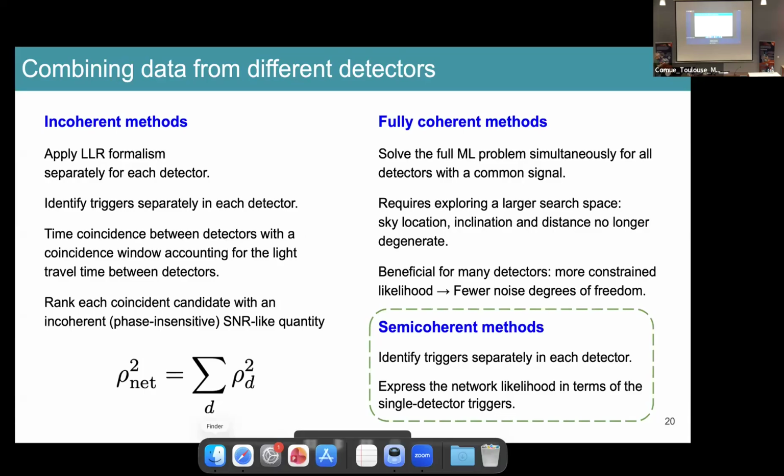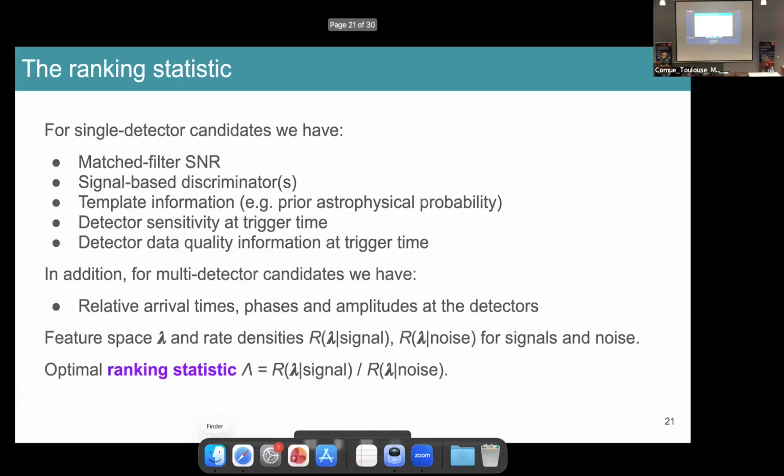What we actually do nowadays is a sort of semi-coherent method where we do this thing first, and then we recover the information that we have previously discarded in doing this incoherent combination. And this is done in the following way. So for single detector candidates, we have only information from one detector. So that's basically the end. We cannot do anything else.